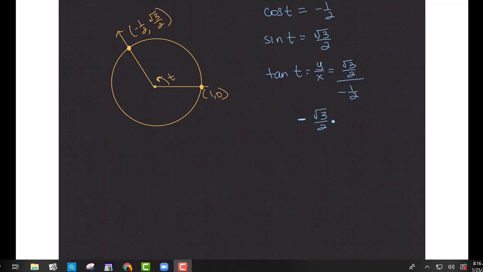And what's the reciprocal of 1/2? 2 over 1. Yep. Do my 2's cancel? And I have what? Negative square root of 3? So that would be my tangent.